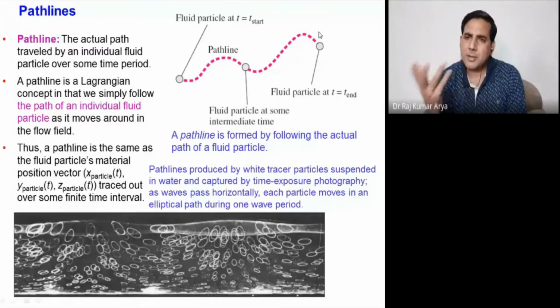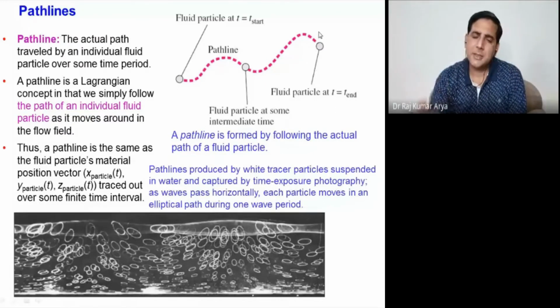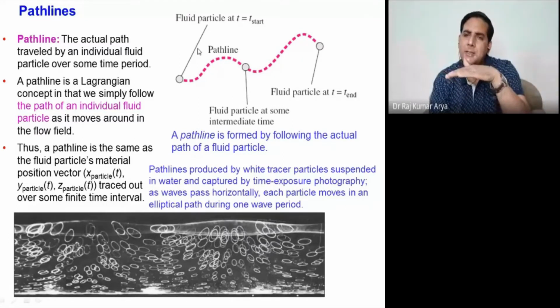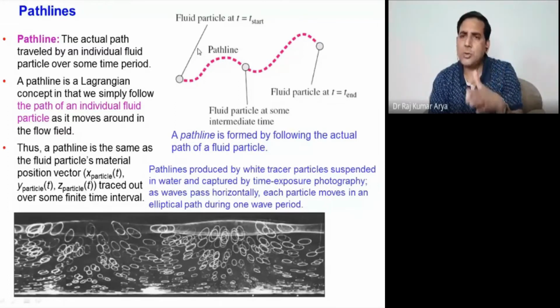What is the following in the path line? It has some velocity, and it is going in some particular direction, and then you are plotting velocity into time. You can calculate the distance, right? The velocity of this particular particle could be in only one direction, maybe in the x direction, maybe in the y direction, maybe in the z direction, or could be a combination of three or a combination of two.